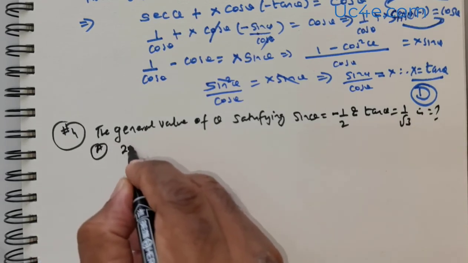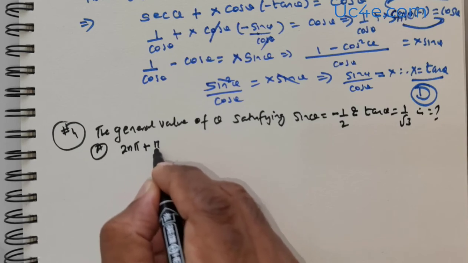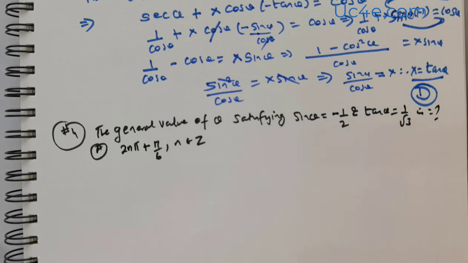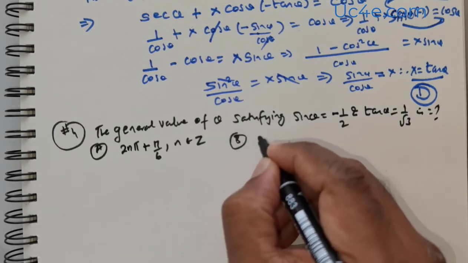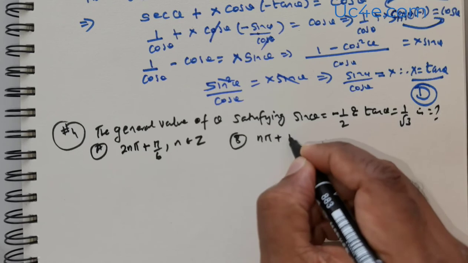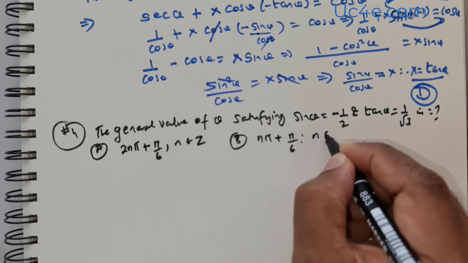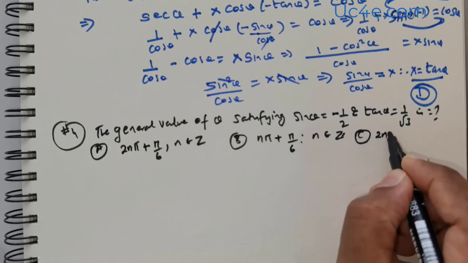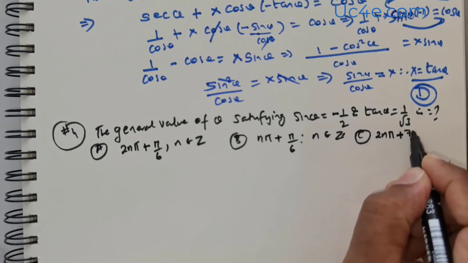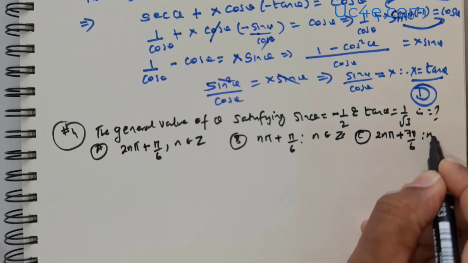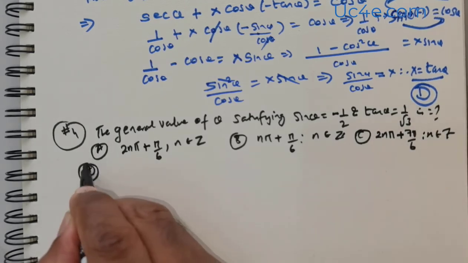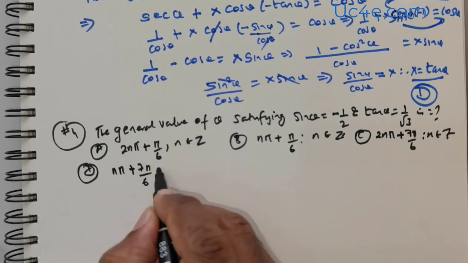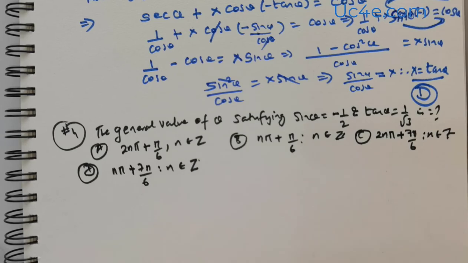Choice A is 2n pi positive pi over 6, n an element of integers, and choice B, n pi positive pi over 6, n an element of z. C, 2n pi positive 7 pi over 6, n an element of z, and D, n pi positive 7 pi over 6 with n an element of z.